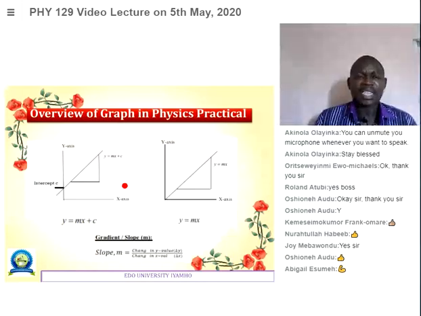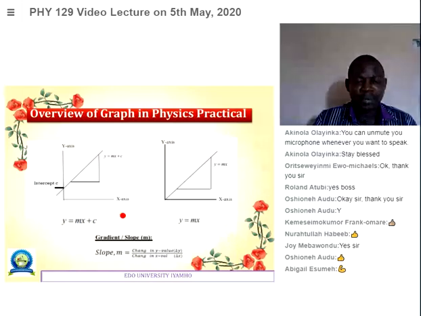Linear graph, straight line graph, they are all talking about the same thing. The equation that expresses a linear graph is generally given as y is equal to mx plus c, as you can see here on the screen.